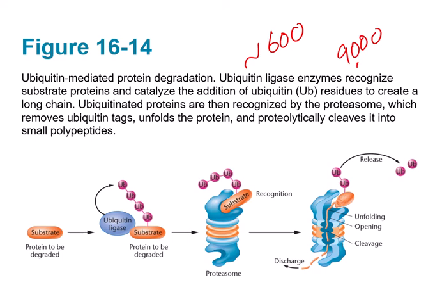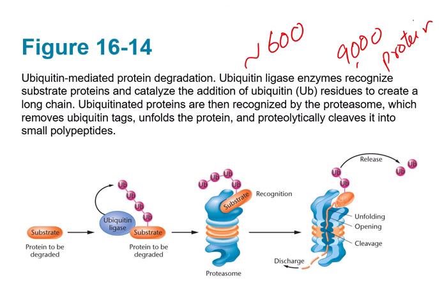So a big part, which is about 40% of the human genome. So about 9,000 of those proteins are degraded by using this process. So it is a very significant process followed inside the cells.